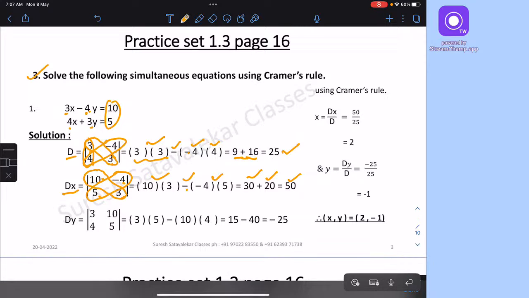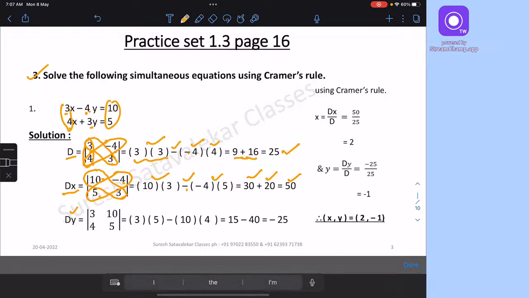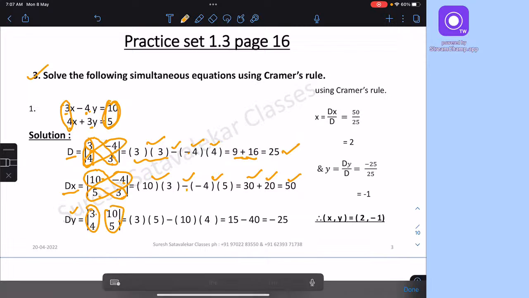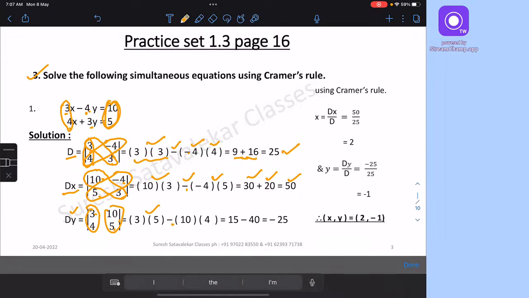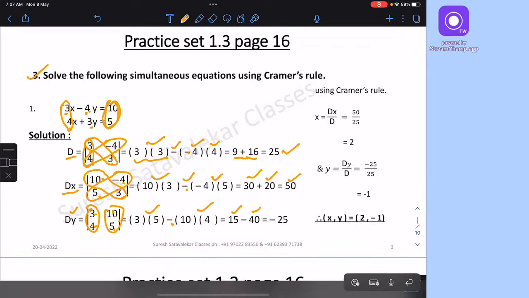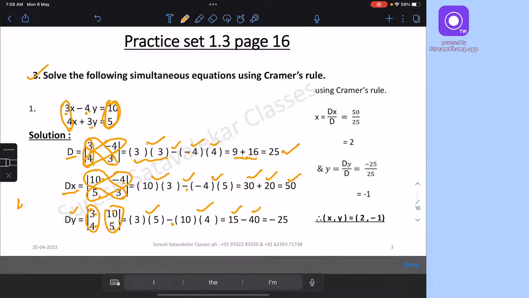Now you have to find the determinant Dy. In Dy, the coefficients of x are retained, 3 and 4, and instead of the coefficients of y, you have the right hand side, 10 and 5. So the product of 3 and 5 minus the product of 10 and 4. 3 5s are 15, minus 10 4s are 40. When you have plus 15 and minus 40, 40 is greater and 15 is smaller.